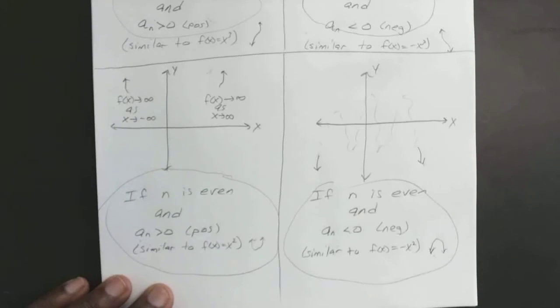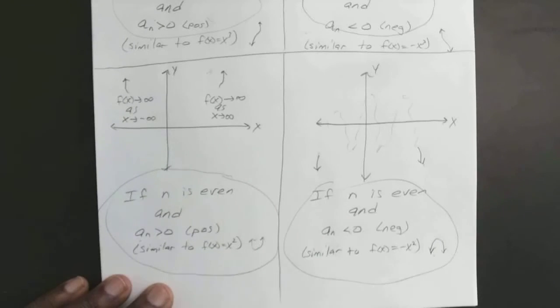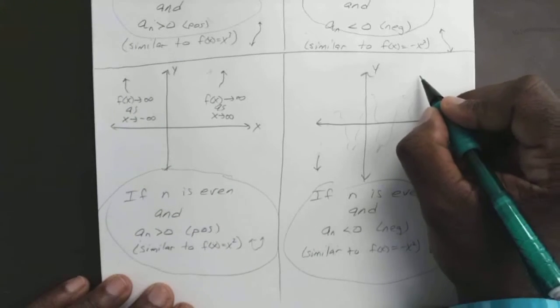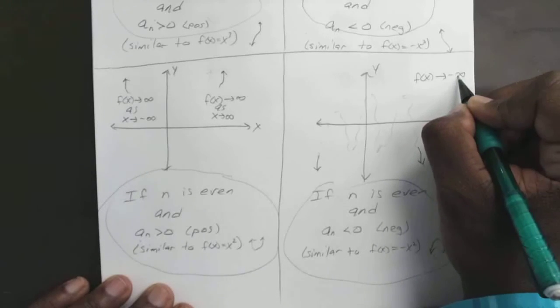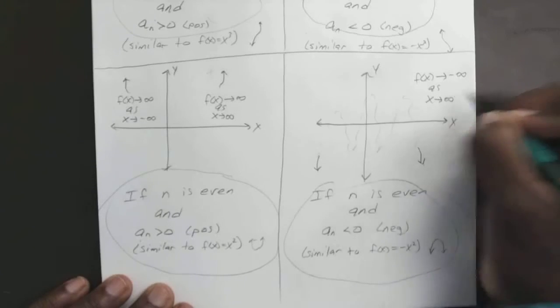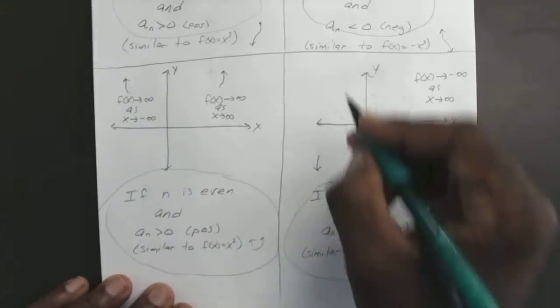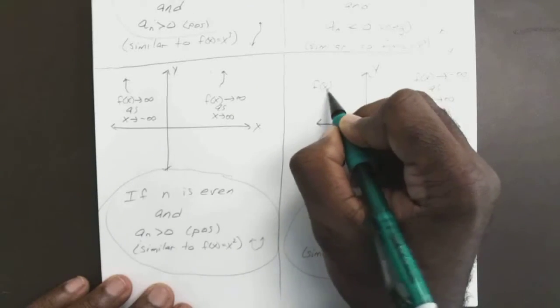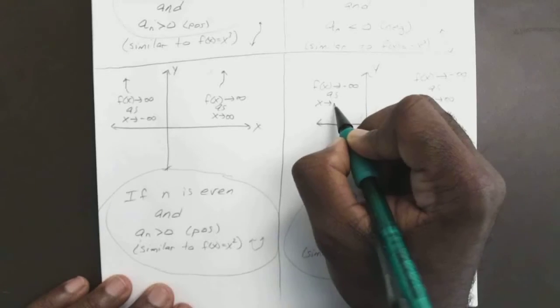So f of x is going to keep getting smaller as you go to the right, and keep getting smaller as you go to the left. So f of x approaches negative infinity as x gets bigger, and it approaches negative infinity as x gets smaller.